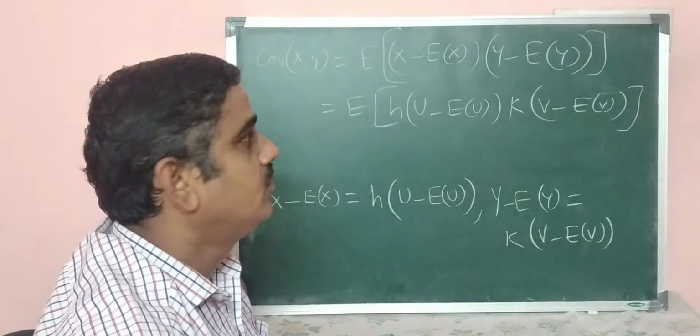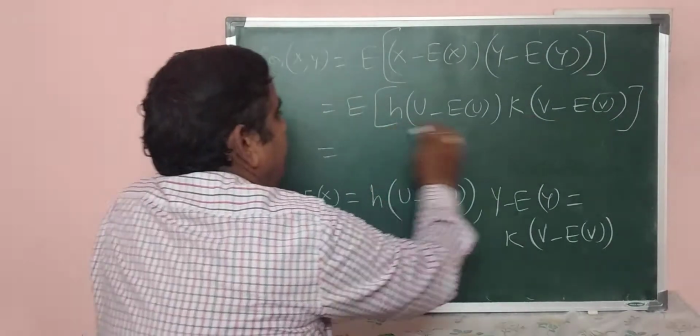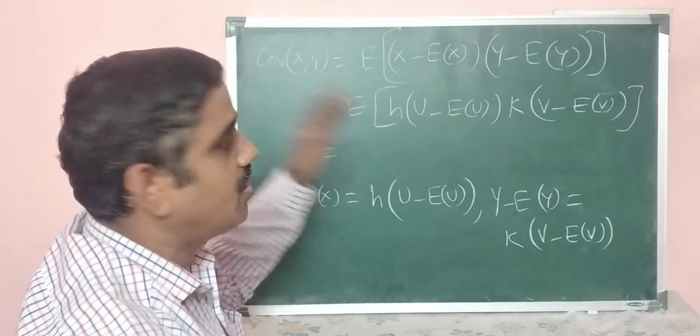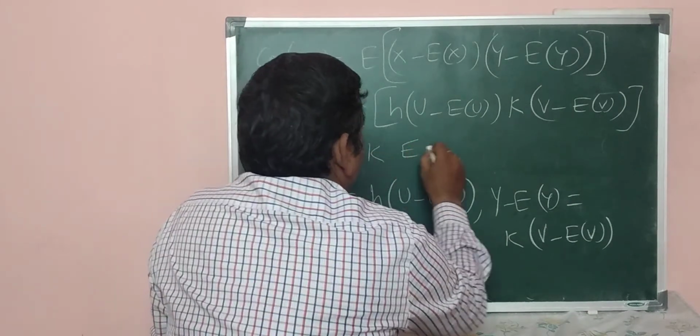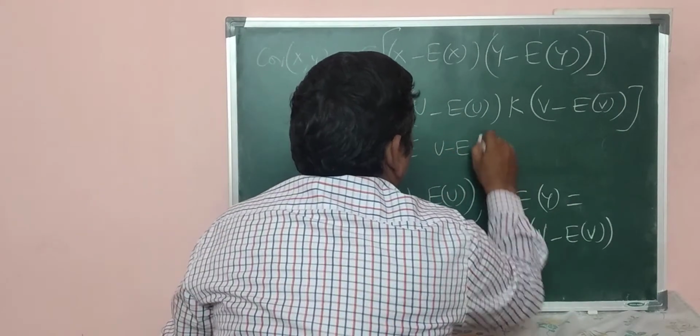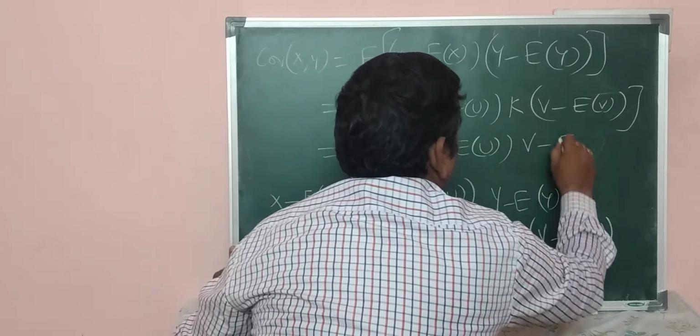Right? Which means I am taking h and k, which are constants, outside of expectation. Therefore, it is hk into expectation of u minus expectation of u and v minus expectation of v.